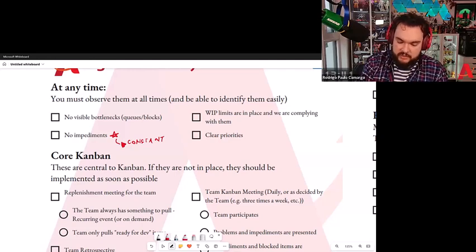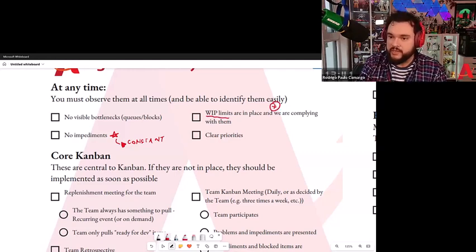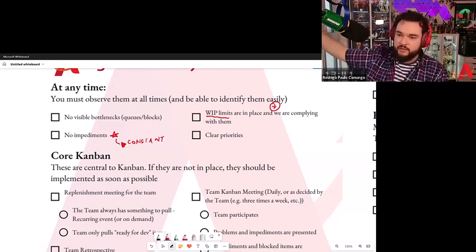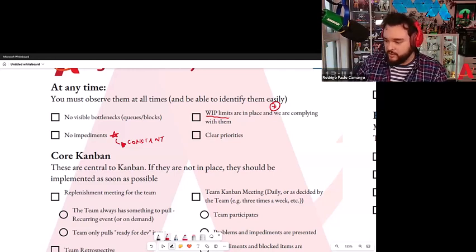Next, WIP limits are in place and we are complying with them, which is basically you do have them, plus we are complying with them. Because if you have WIP limits, they are beautiful, they are in your columns, but you are not respecting them, you are breaking them for whatever reason, you actually don't have them, right?